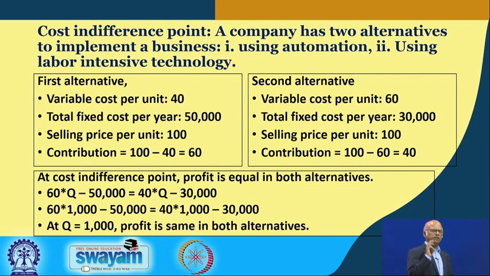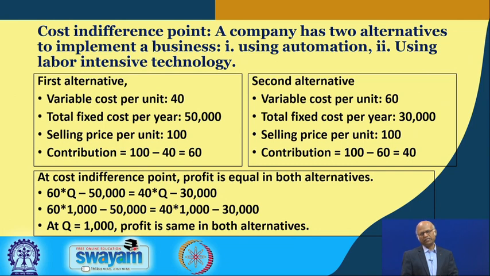Contribution is nothing but selling price minus variable cost, and here also contribution is the same. Then, assume that at some quantity q, profit in both cases is the same, and you find that q is equal to 1000, meaning that at 1000 quantity, whether you take this model or that model, your profit is the same.